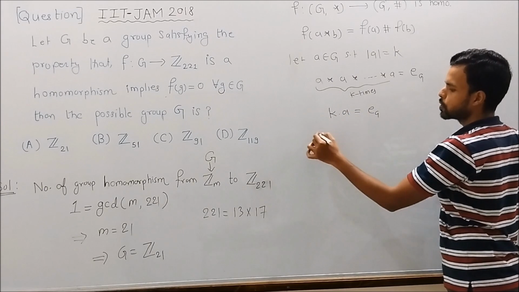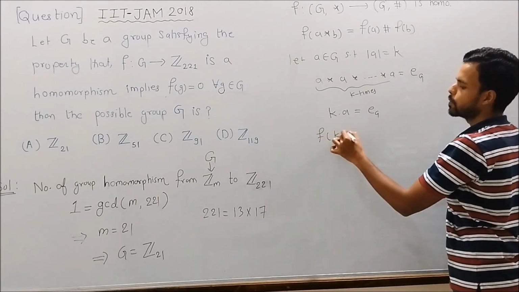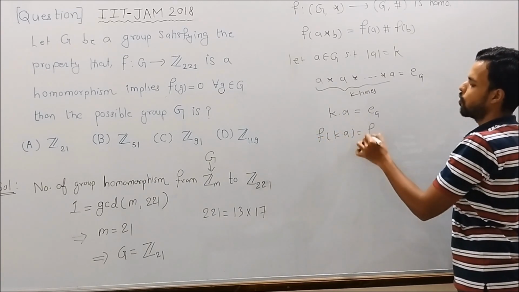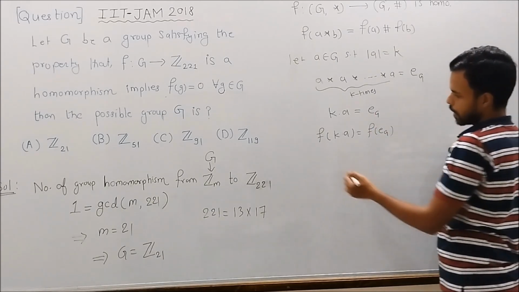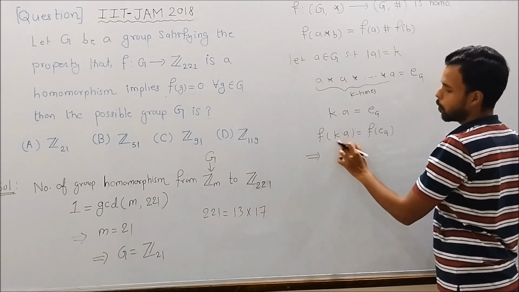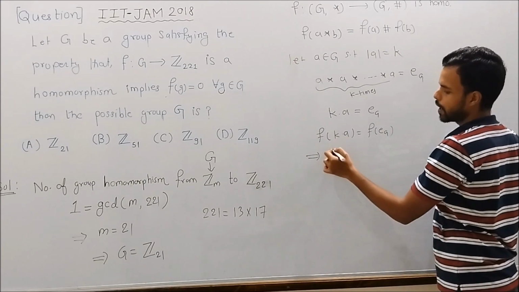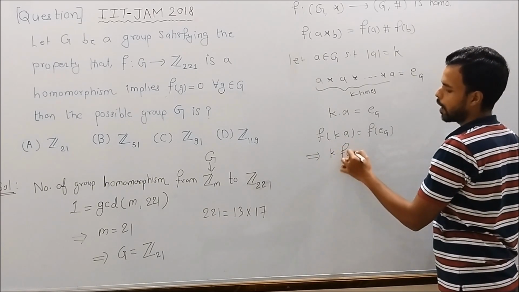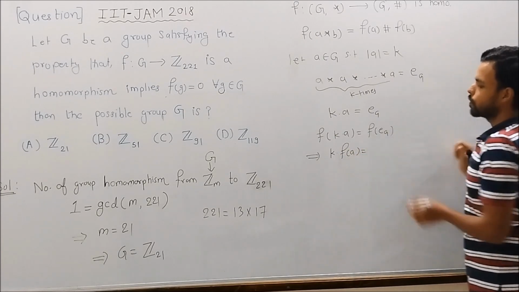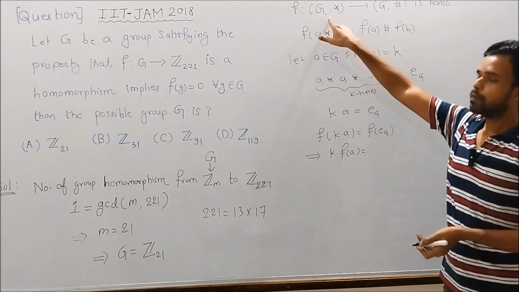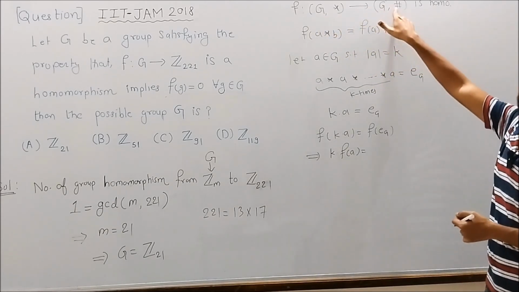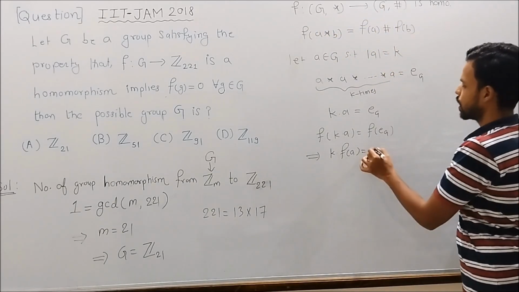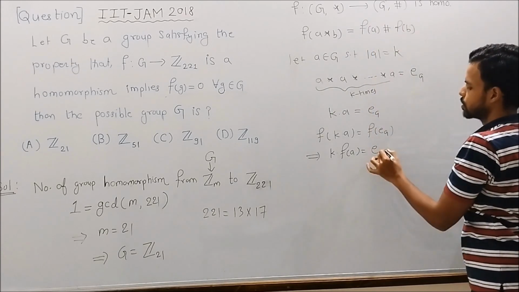Now operate f on both sides. f of k times a equals f of e_G, the identity in G. By properties of homomorphism, this can be written as k times f of a. And what is f of the identity element in G? Under a homomorphism, the identity element of this group maps to the identity element of this group, so this is e_G dash.